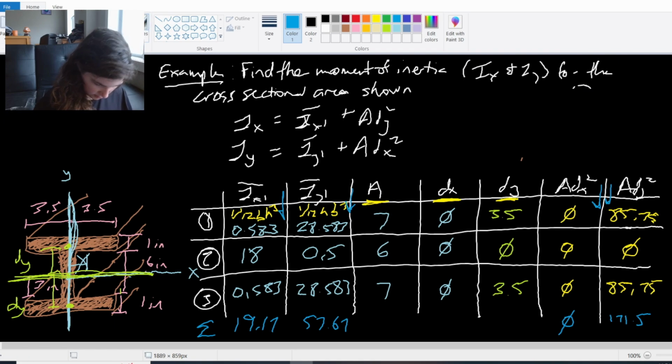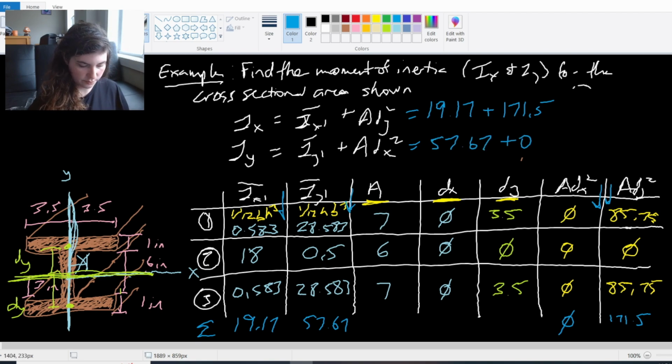So I get 19.17 plus 171.5 for my x moment of inertia. For my y moment of inertia, I get 57.67 plus 0.